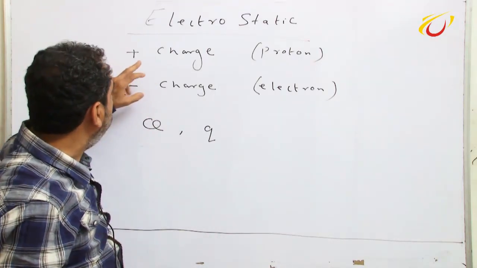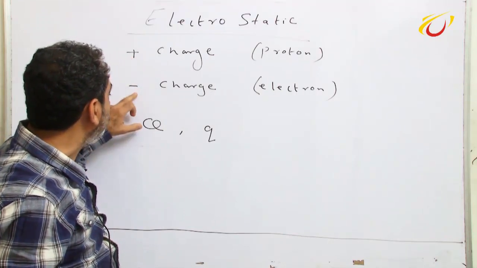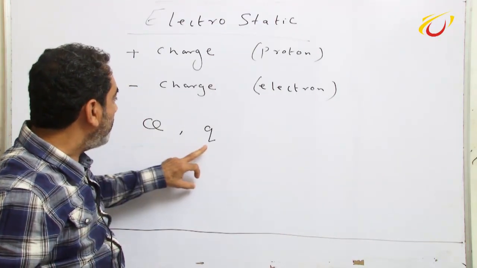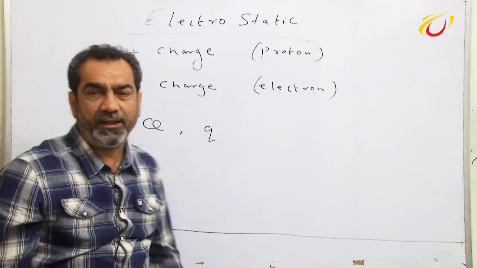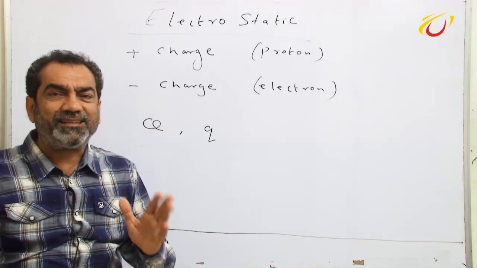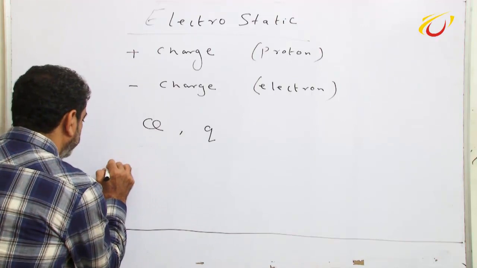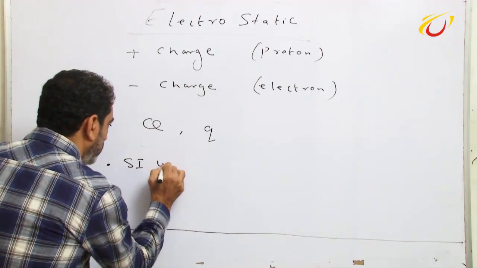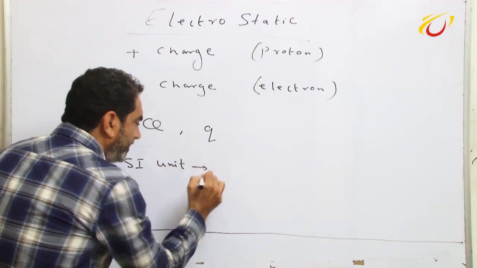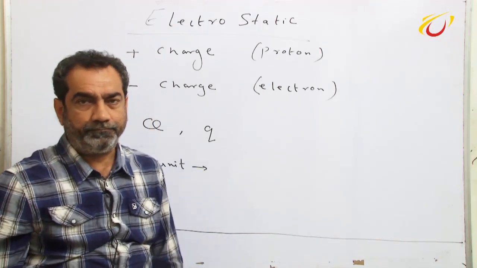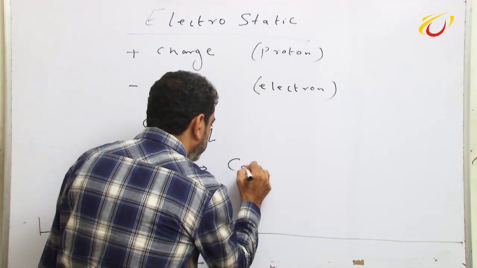Okay, so now we have seen what the charges are. There are two types of charges and they are denoted by positive Q and negative Q. Now its SI unit. Its SI unit is Coulomb.